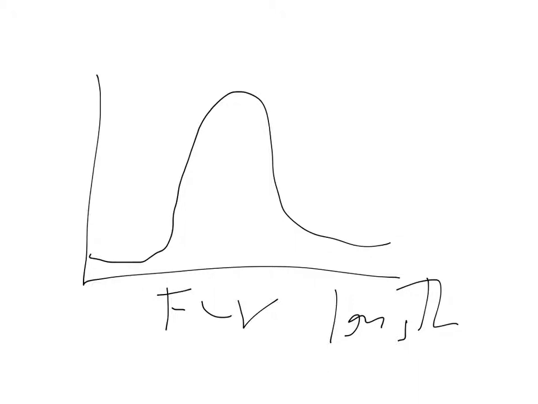For this present environment, this is what the distribution of fur length and thickness looks like. We'll say right here is, I don't know, 15 centimeters, something like that. Now, if it was going to get colder, what would happen to this distribution?